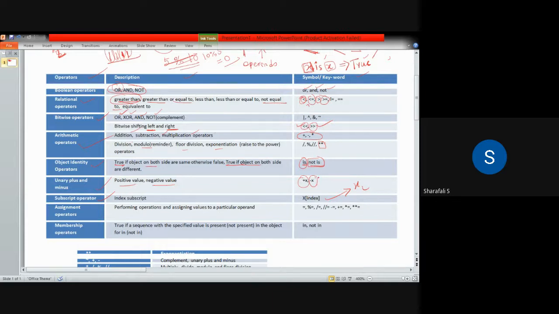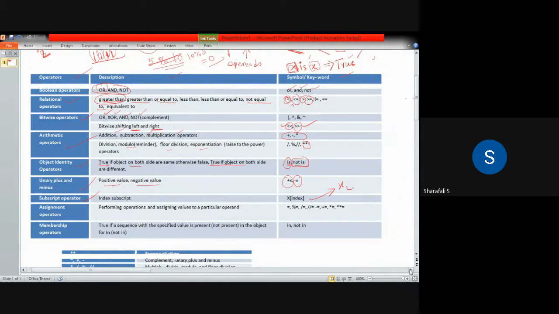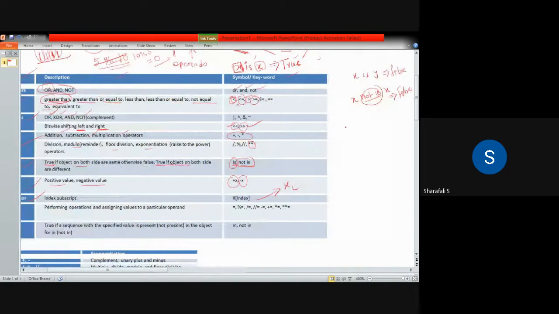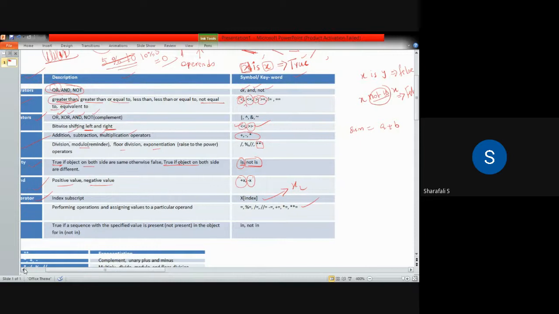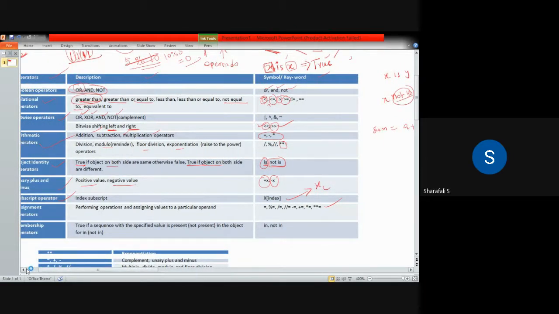And then we have assignment operators. These perform operations and assign a value to a particular operand. For example, as we discussed, sum = a + b, we can write it like this. The same I can write by using these assignment operators, these symbols.